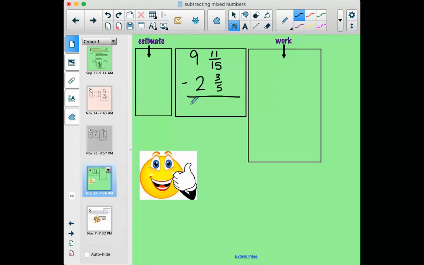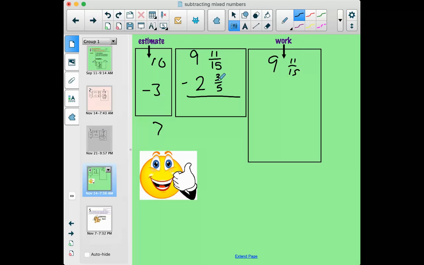Okay, let's try another one here. All right, so if I estimate, 11/15 is more than half, so that's close to 10. 3/5 is more than half, that's close to 3. 10 minus 3 is 7. Okay. If I look at my denominators here, I got a 15 and a 5. The lowest common denominator there would be 15.